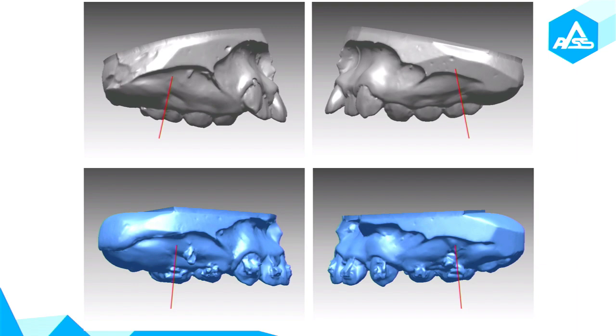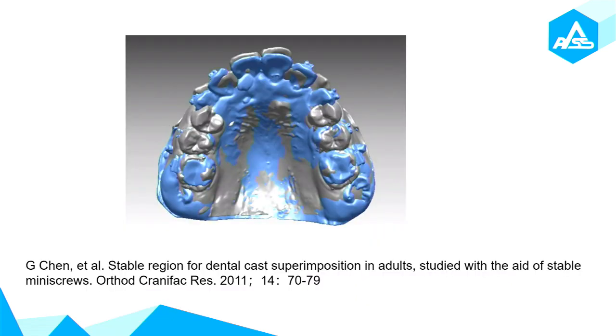If we do superimposition on the stable area that Dr. Chen found by an implant study, we published it in OCR in 2011.